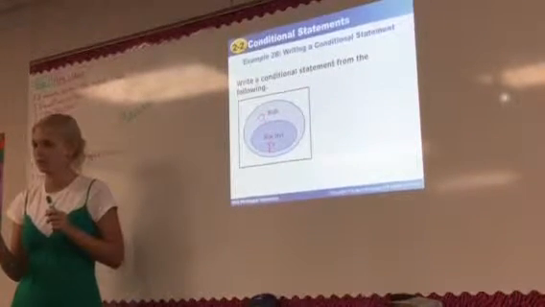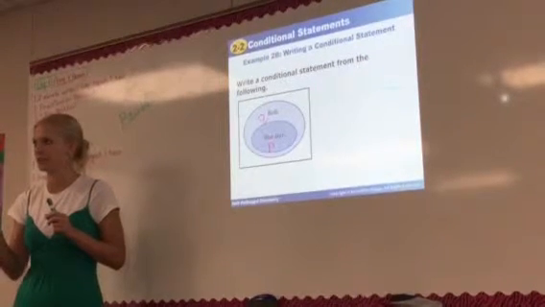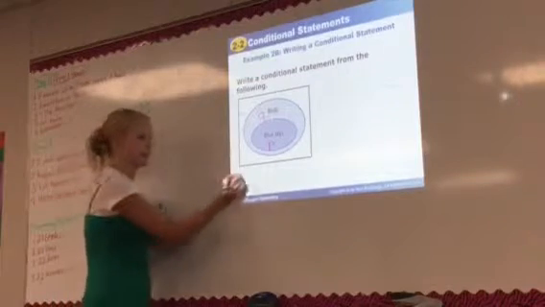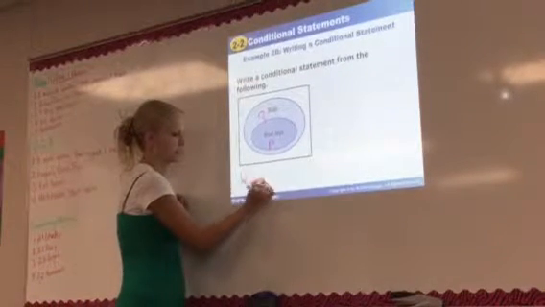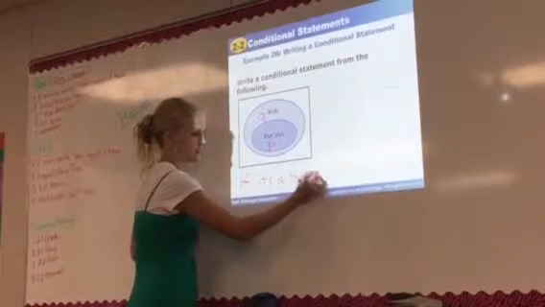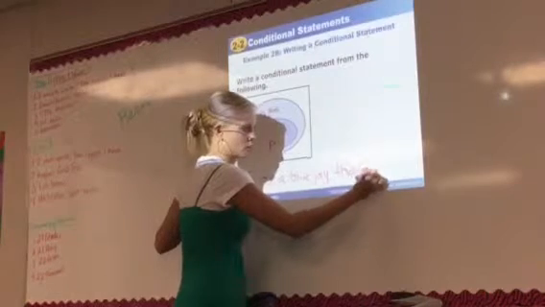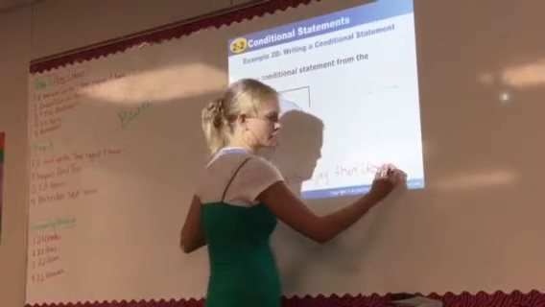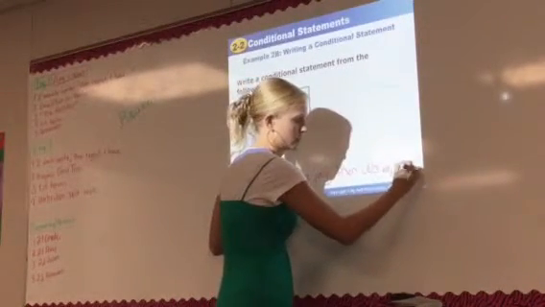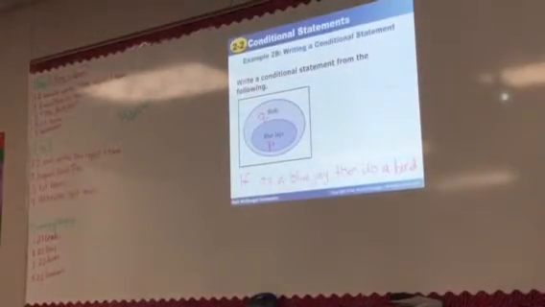Tiffany? Blue jays fly, they're birds. Kind of. Even simpler than that, Lisa. If it's a blue jay, then it's a bird. You're on the complete right track, Sarah. Or if an animal's a blue jay, then it's a bird. Either way, it works.